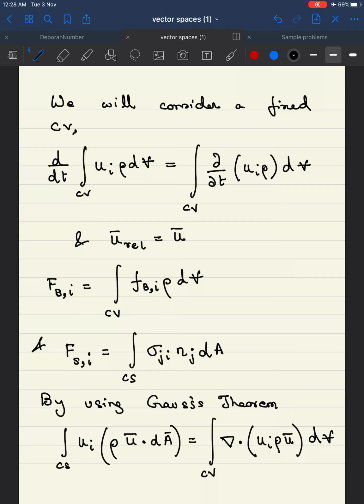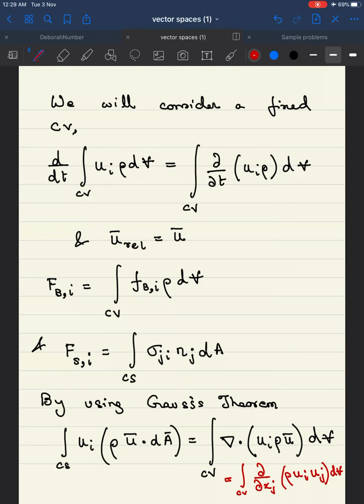Okay, so that helps simplify my first term, and this can also be written, if you want to simplify your life, maybe I'll just write it here itself. This is equal to the integral over the control volume of del. My i is already taken, but I have a dot product here with another vector, so I'll just choose another repeating index, and call it j. So this will be rho, this will be u_i, and the repeating vector index will be u_j.